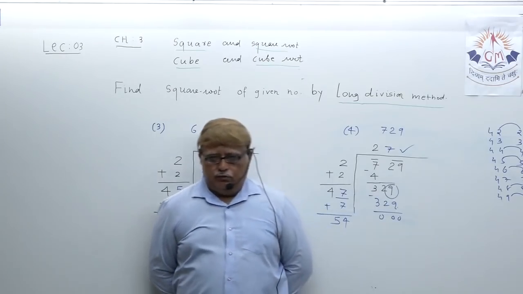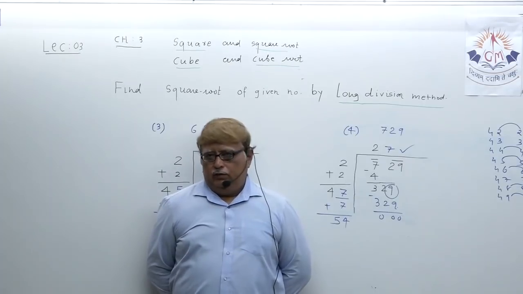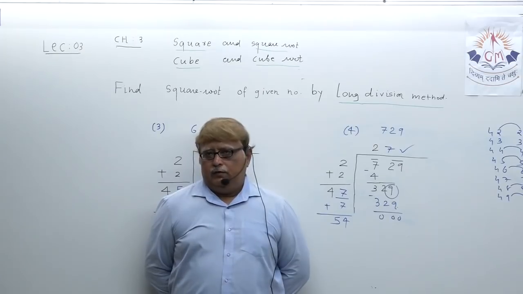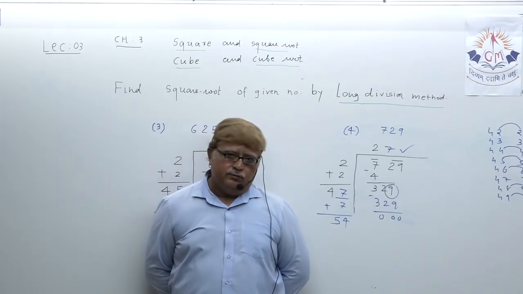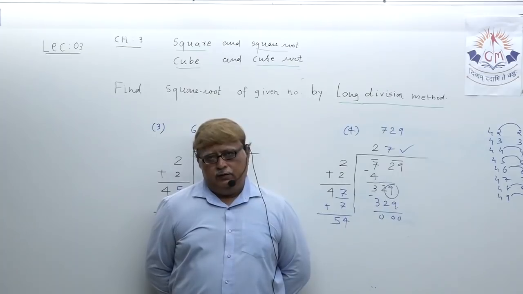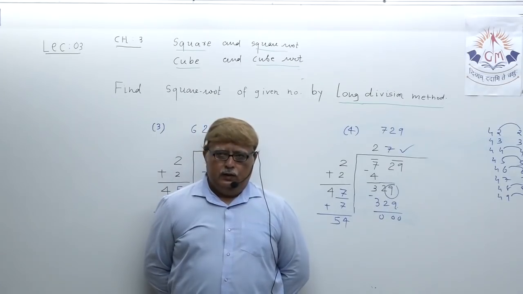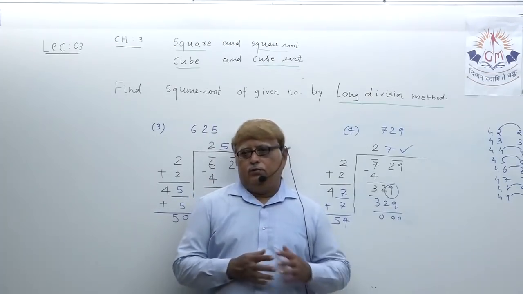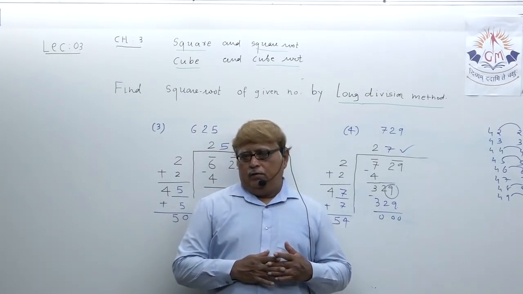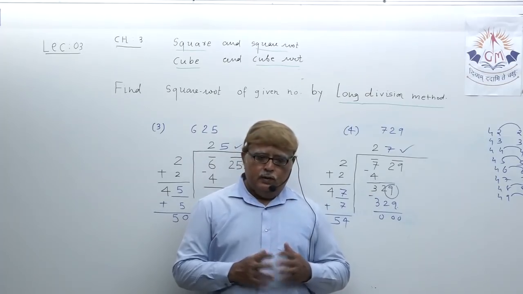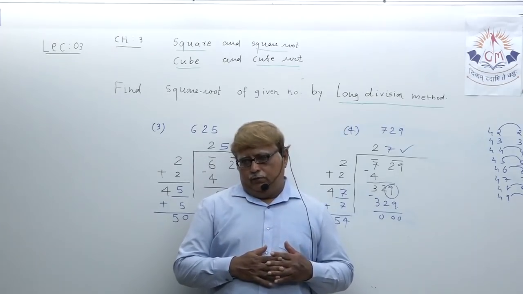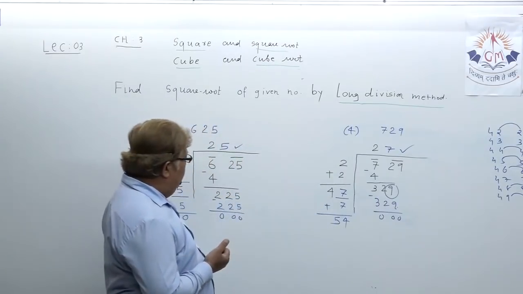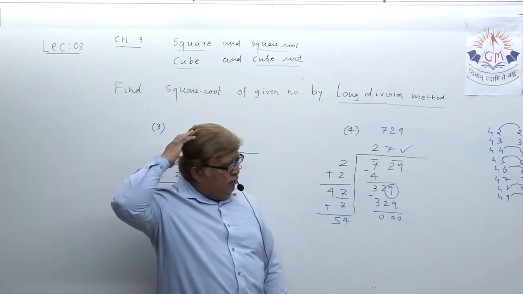Lectures 3 and 4 will be delivered only for the practice of examples on how to find square root by the method of long division. You have to make your mind quite clear and practice all the examples we have done here at home before you start your homework.